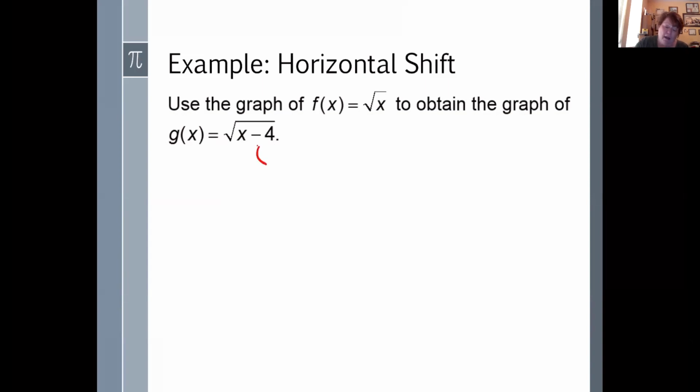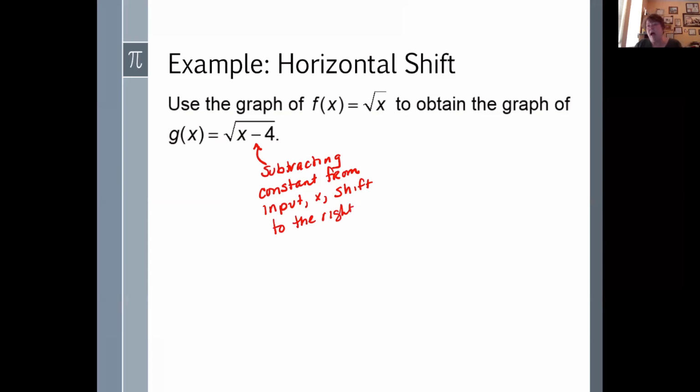I'm subtracting a constant from the input. So that is a shift to the right. And you take the entire graph of the square root function and you move it to the right 4 units.